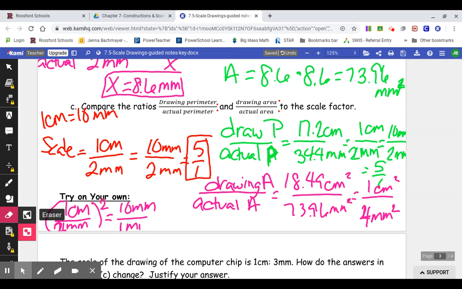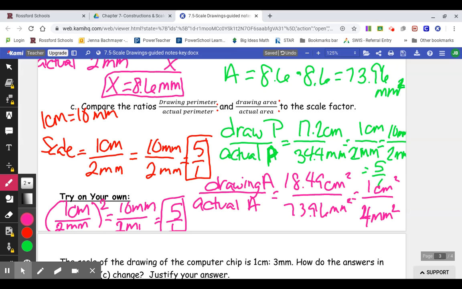My goodness. This is a 2. So I'm still going to have a 10 to 2, which reduces down to a 5 to 1 ratio. All right, go ahead and pause the video and try the last try on your own.